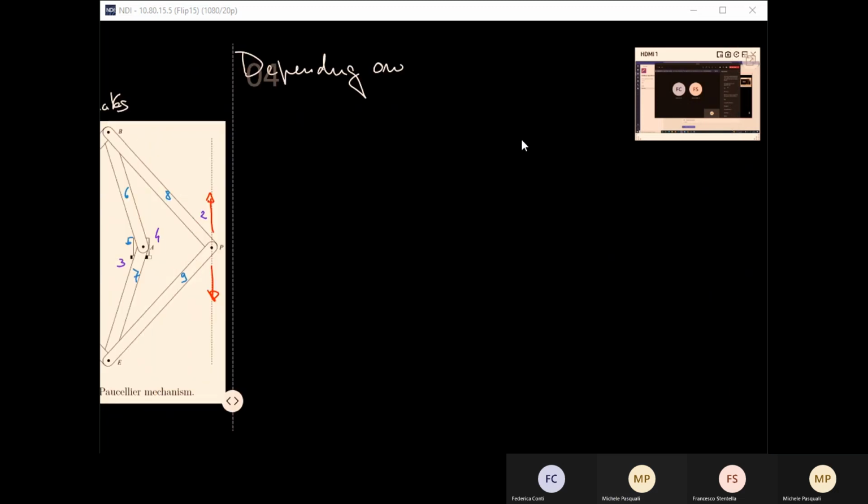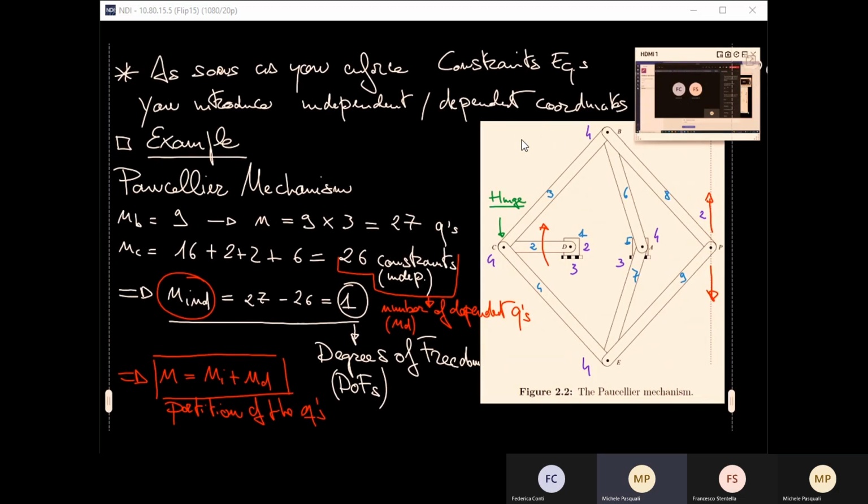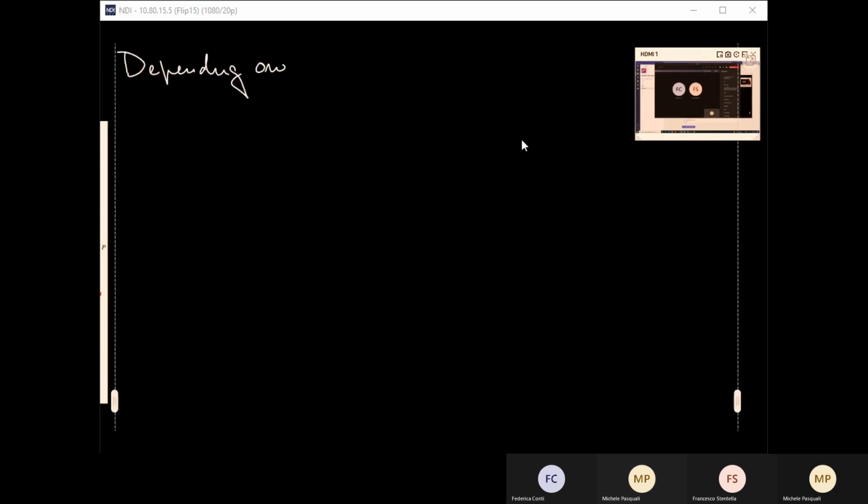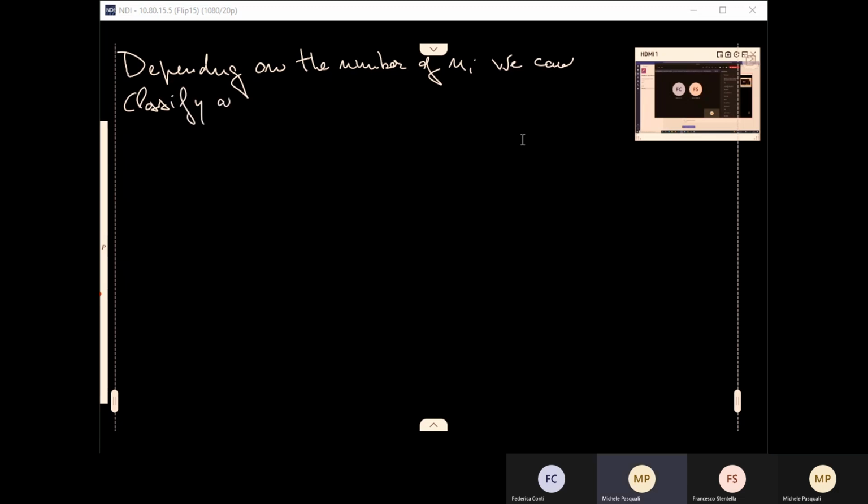So, depending on this one here, the Ni, you can classify. This is actually typically done for a structure, but also for a mechanism. Okay.